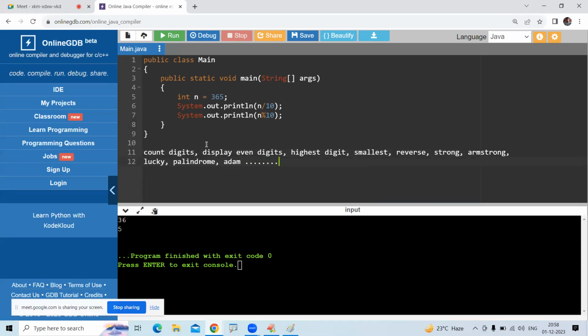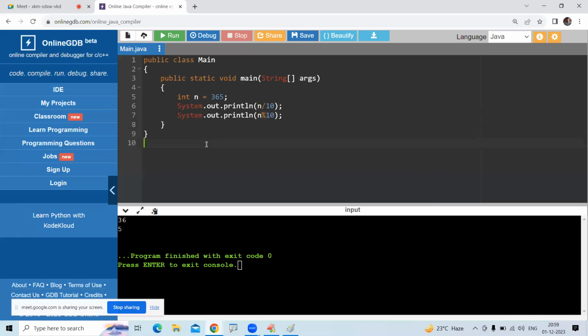All these programs are based on these two concepts only, divided by 10 and mod 10. That's why these two things we are learning perfectly in arithmetic operators only. Remember the point. Okay. So please do this quick.